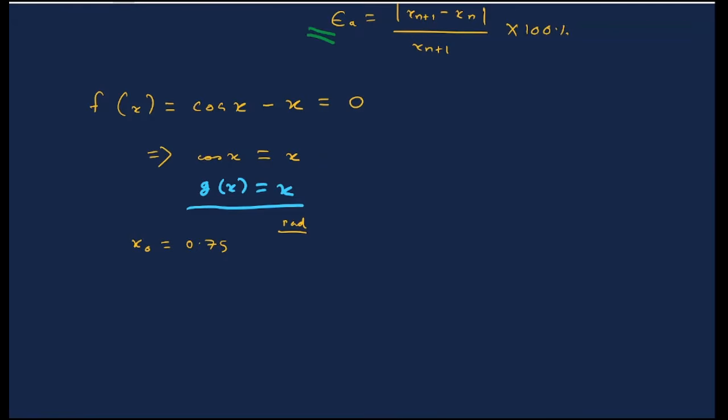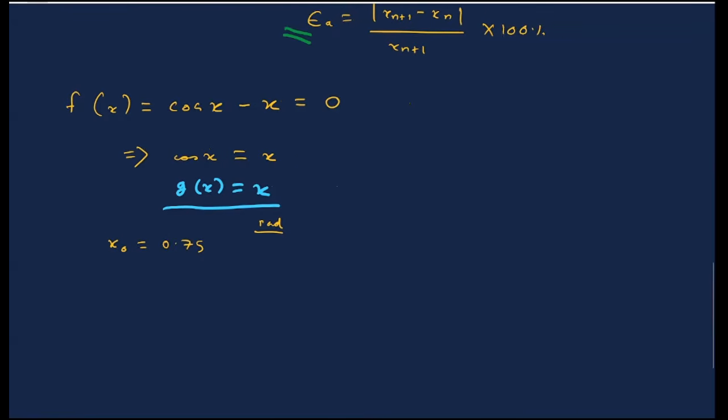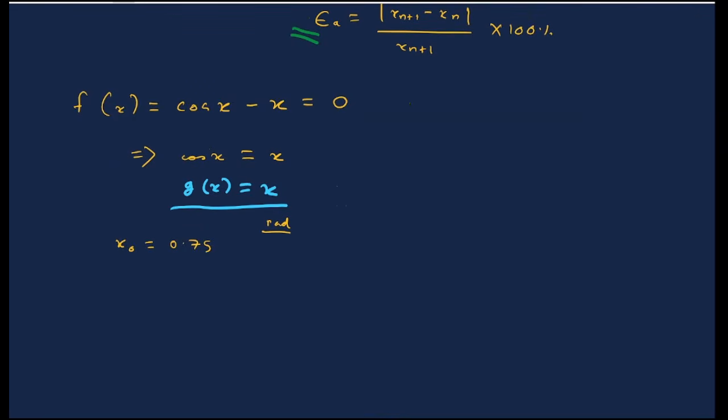If x0 is 0.75, that means x1 will be g of x0, which is cos 0.75. If you have a calculator with you, you can easily find that cos 0.75 is 0.73169. So we have found the first two values of x.